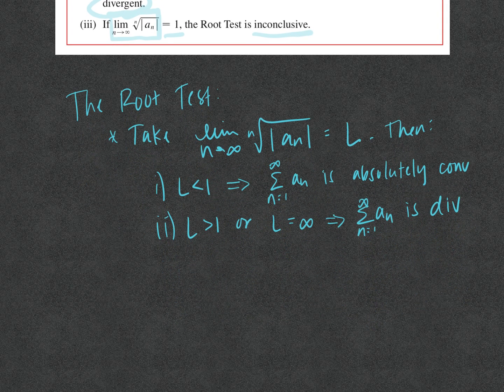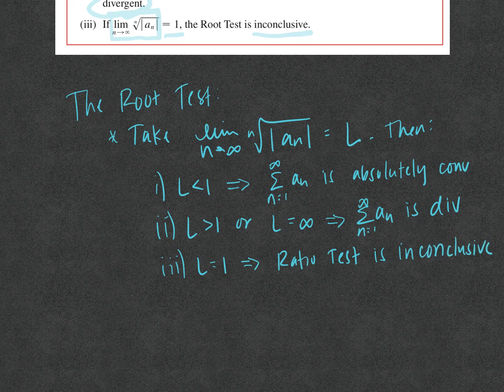And then case three, if L equals 1, this implies that the test is inconclusive. Sorry, let me finish writing. It doesn't mean divergent. It means you have to try something else. So these are your takeaways. These are your notes that you need. So pay attention to that.